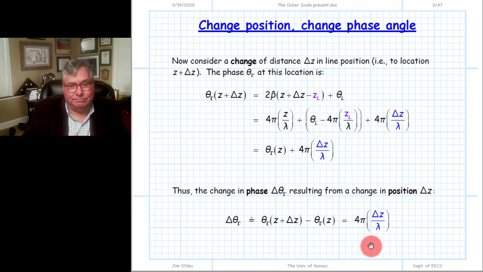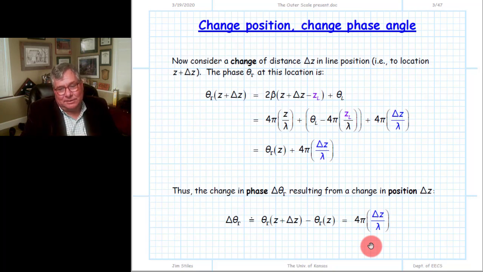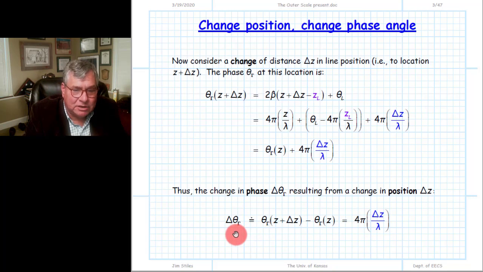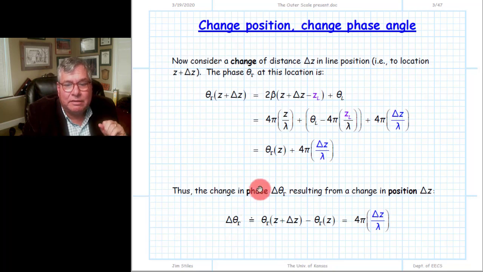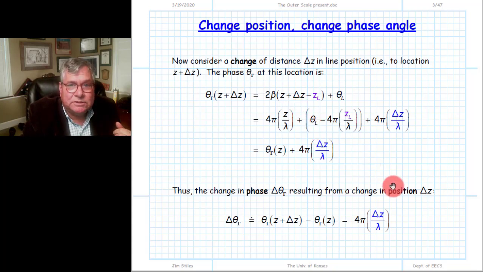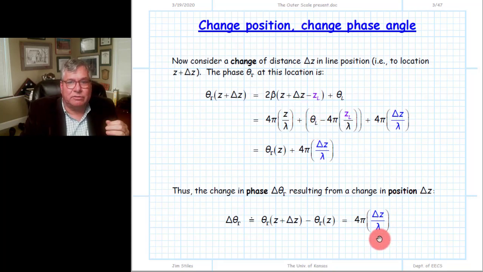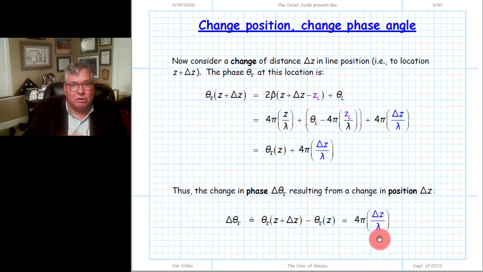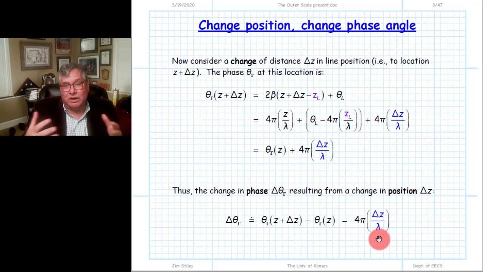Why is this interesting? Well, we'll see in a second why this is important. But one thing I will point out now is that this change in phase with respect to a change in distance is independent of the load that is attached to the end of the line. If we move some distance delta Z along the transmission line, the reflection coefficient phase will change by a value of delta Z divided by lambda times 4 pi, regardless of the load attached to it.